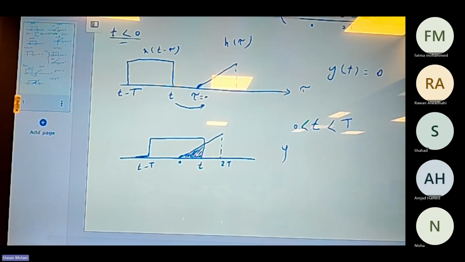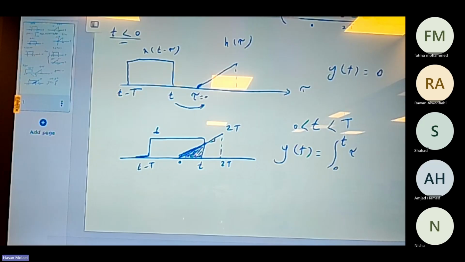So what is this value? It's the integral of this multiplication from 0 to t. What is this line expression? It's slowly 1.